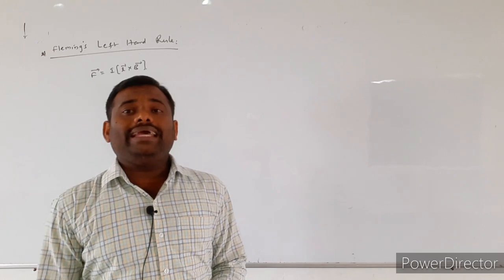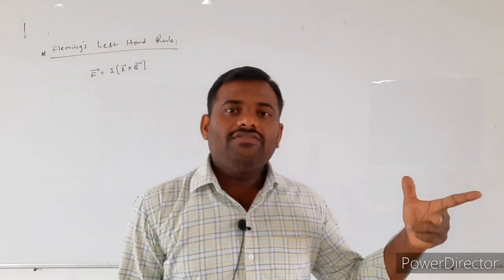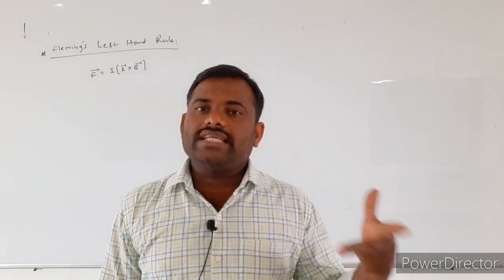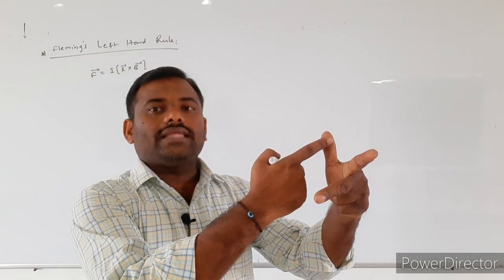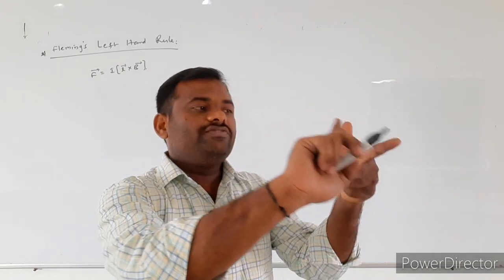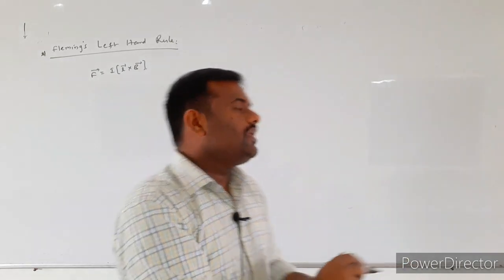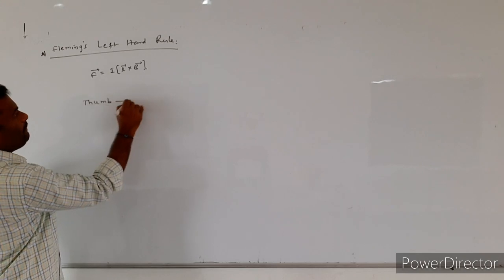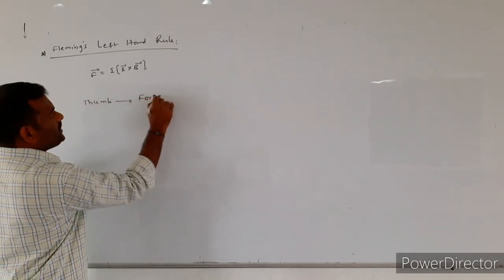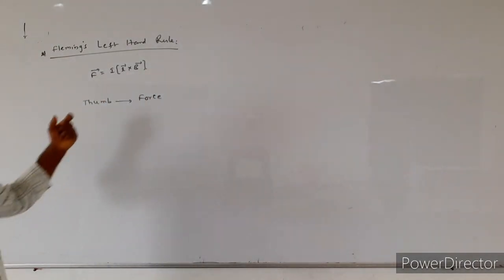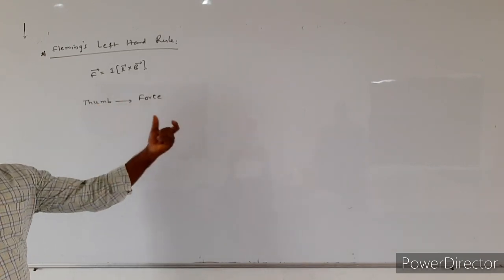So according to Fleming's left hand rule, if you stretch your left hand, this is the thumb, this is the forefinger, this is the central finger. Thumb, forefinger and central finger. The thumb represents the direction of the force.